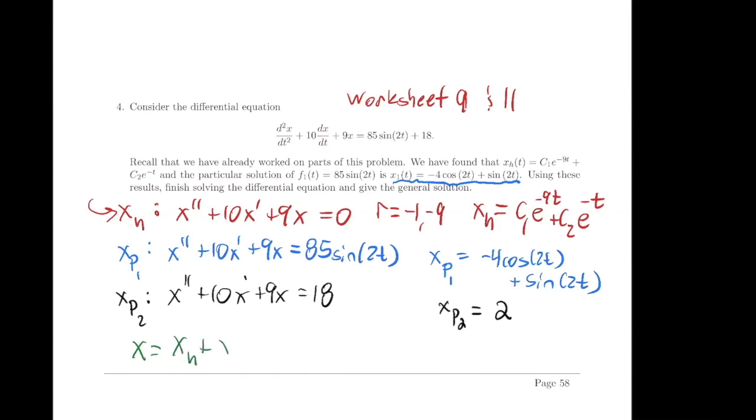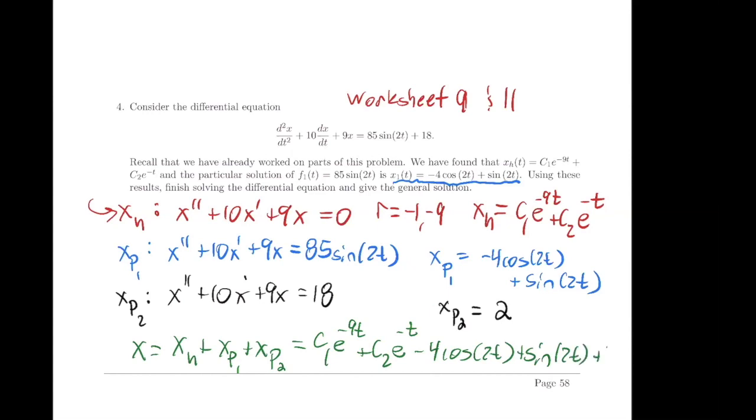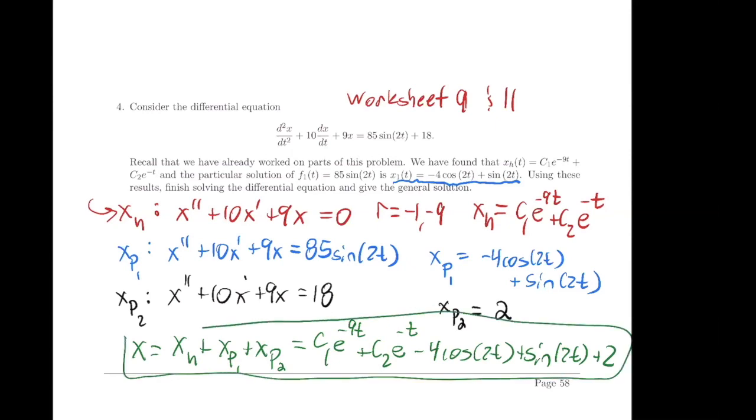So I take the homogeneous plus particular solution 1 plus particular solution 2. That would be our general solution, the sum of those three things all together.